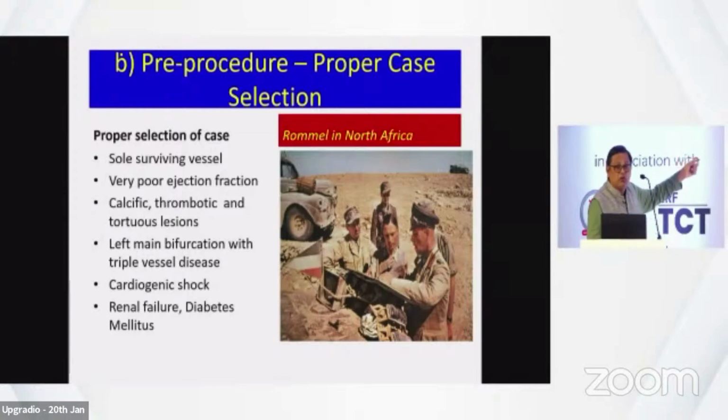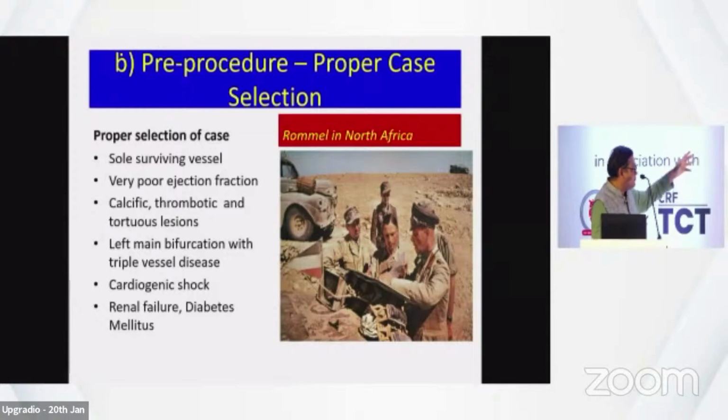Likewise, anybody with poor ejection fraction, because the contractility is already impaired, a small impact on contractility will lead to a catastrophe. So you have to look at the ejection fraction. Then calcific, thrombotic, tortuous lesions, all those complex lesions.